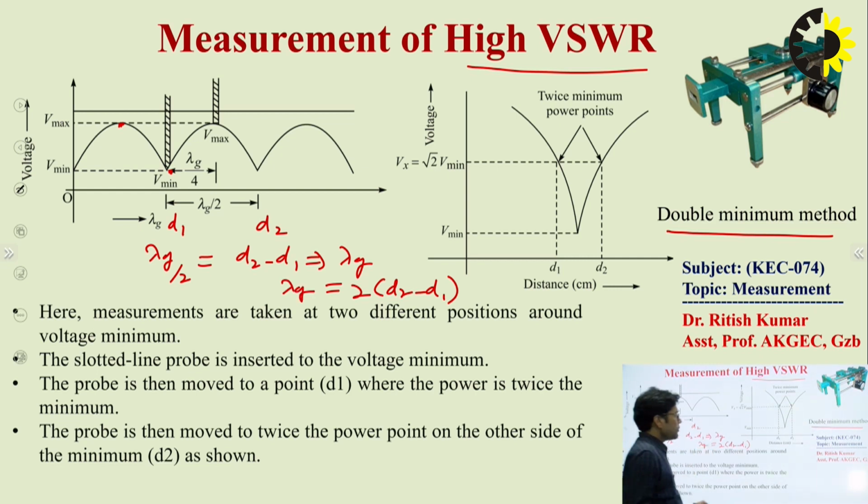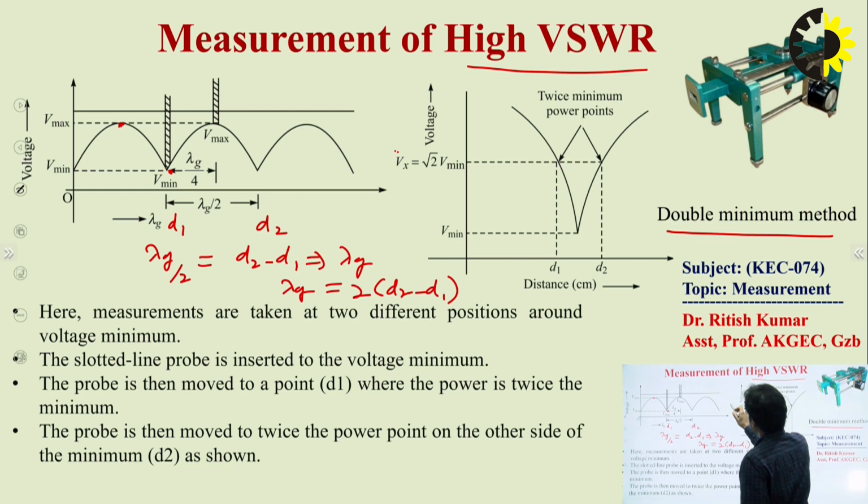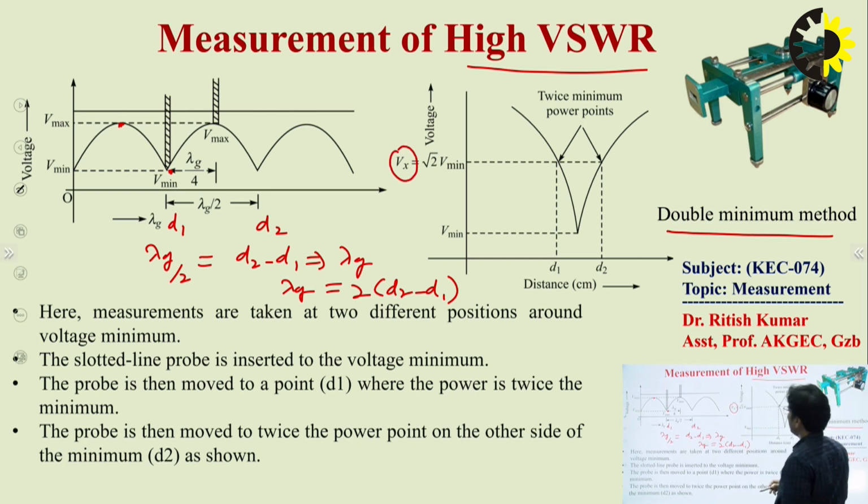Now we need to calculate the value of high VSWR here. So here we are considering the two points where Vx is equal to root 2 times V minimum.